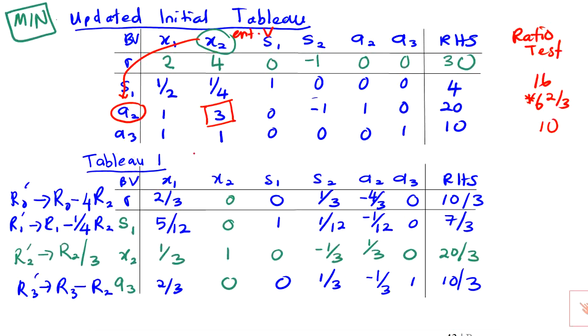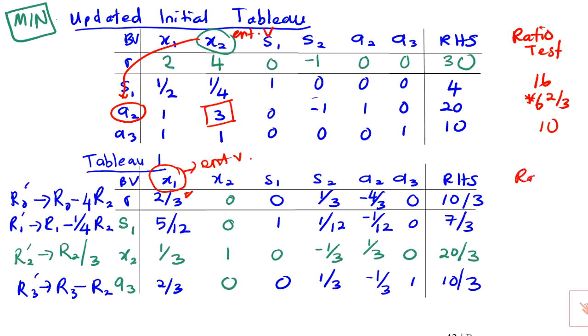From here we can see that there are still positive coefficients in row 0. So we choose the most positive coefficient here. So we choose x1 as the entering variable for the next tableau.